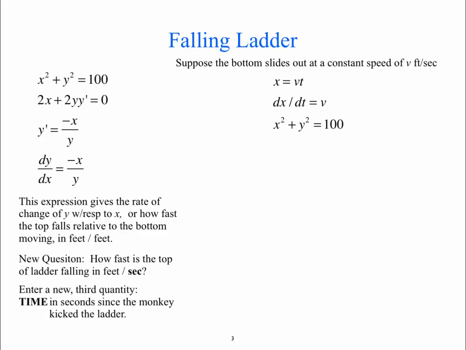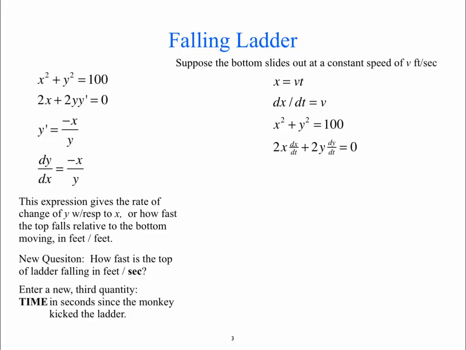Okay, so now we can start back with our original equation, but now x is a function of t, and y is a function of t. Those are both changing with respect to t. So we're going to take the derivative again, but now with respect to t instead of x. We need chain rule everywhere now.